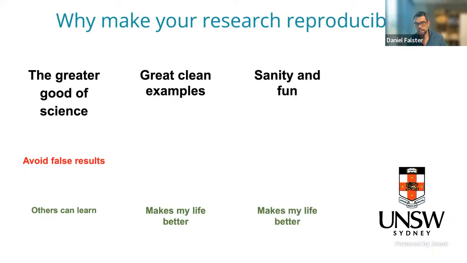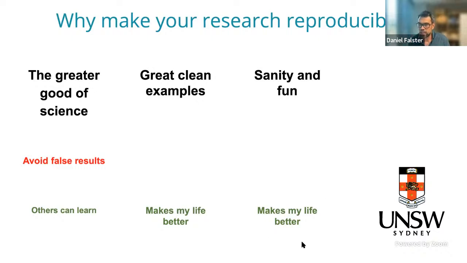The second is it keeps me sane, and it actually makes me have more fun doing my projects. So why does it keep me sane? I spend less time having to navigate through my files and my projects and being able to pick up where I left off. I don't know about you, but I have multiple projects on the go, and each time you switch between projects, there's a bit of a cost.